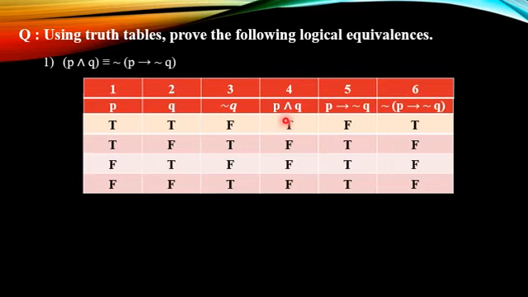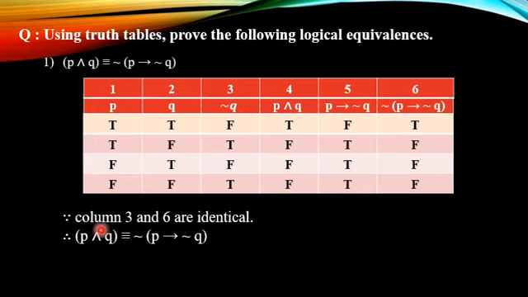The truth values of P and Q are T, F, F, F, and the truth values of negation of P implies negation Q are T, F, F, F. That means the corresponding truth values of these two columns are identical. So by definition, columns 3 and 6 are identical, which means P and Q is logically equivalent to negation of P implies negation Q.